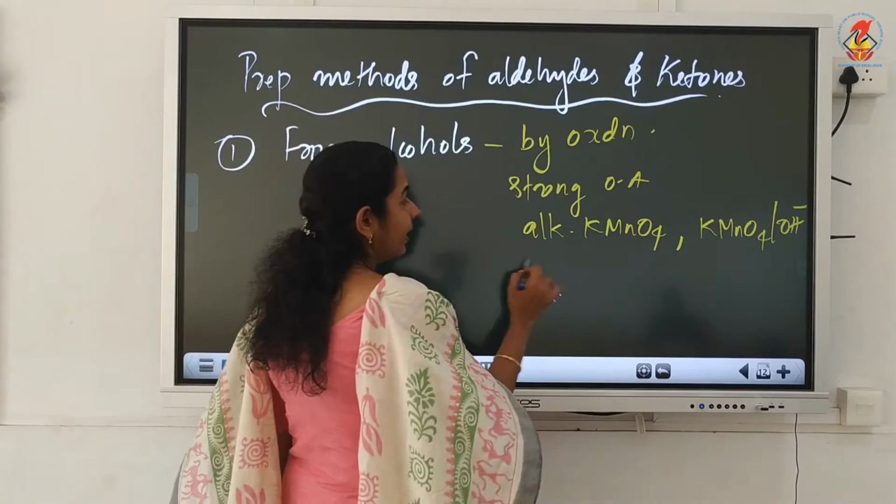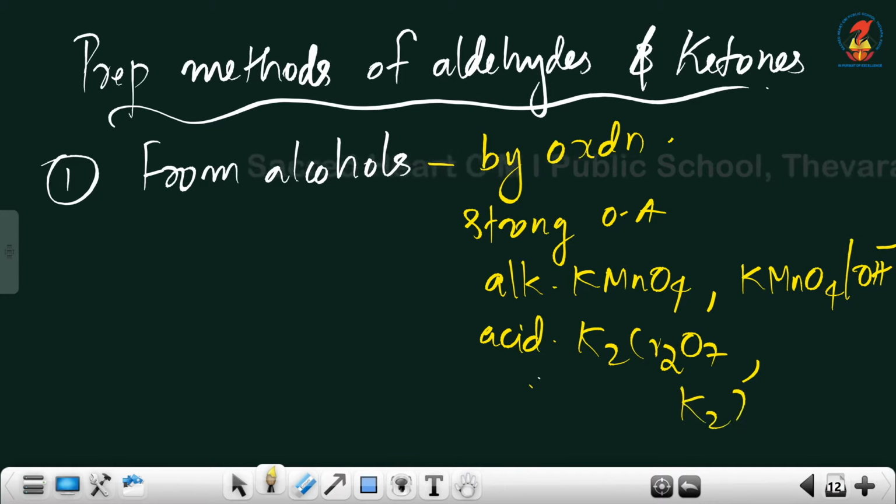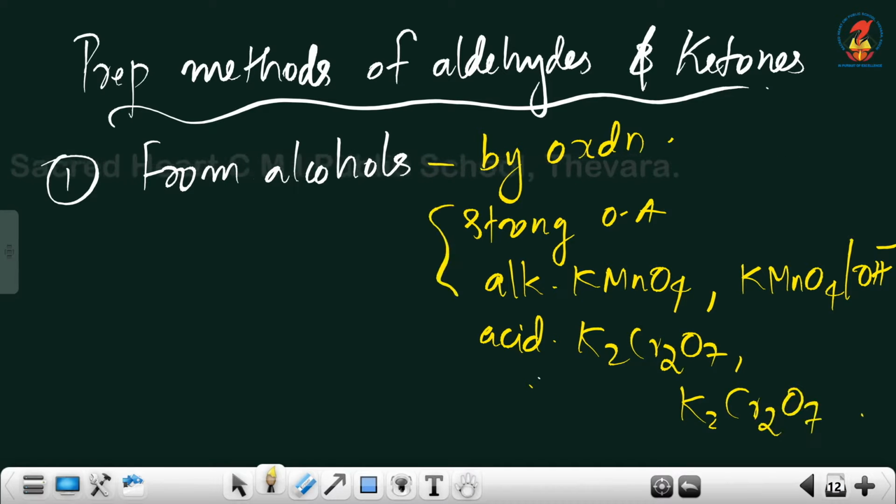Another example is acidified K2Cr2O7, acidified potassium dichromate, which can also be written as K2Cr2O7 with H+. So, these are the two main strong oxidizing agents we use.